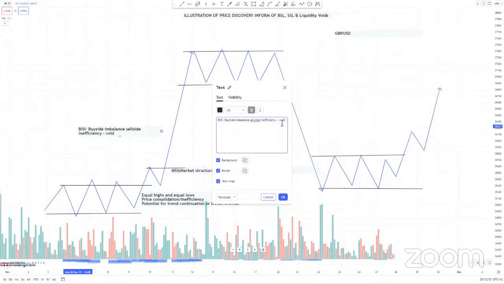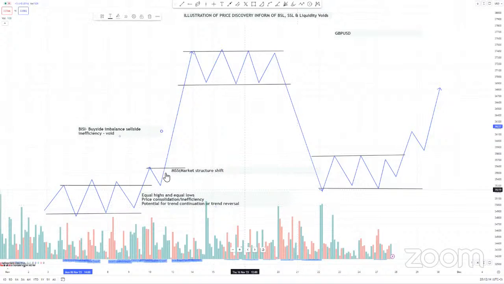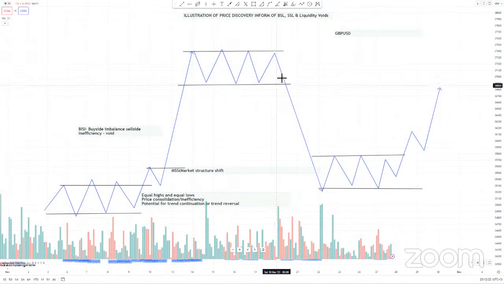Why we are calling it a void is because price has gone into uncharted territory, okay? And because this void has formed, what we shall be looking for is price discovery or a displacement of price back to this level where it was trading at, or possibly closer to it, or even much lower than it, right? So that's how we can use this tool when we're trading.